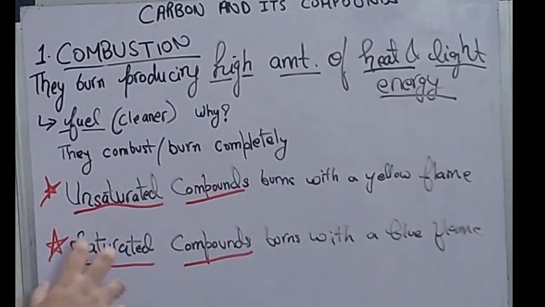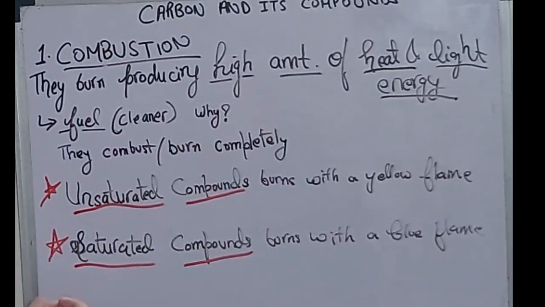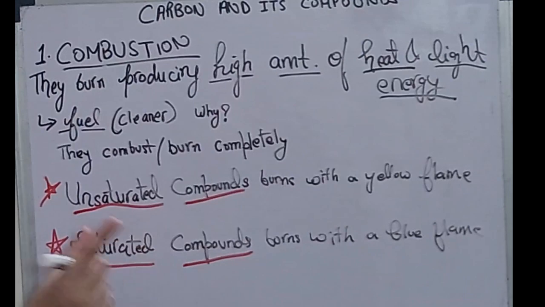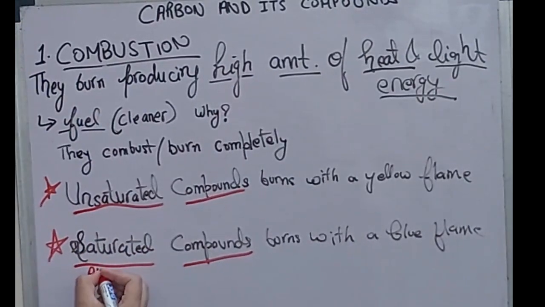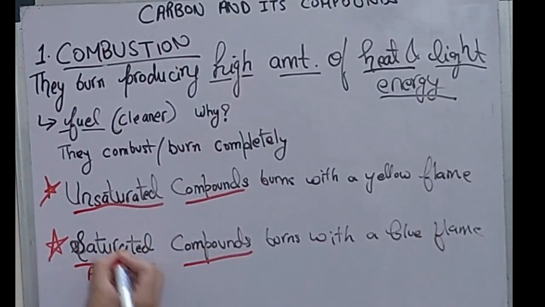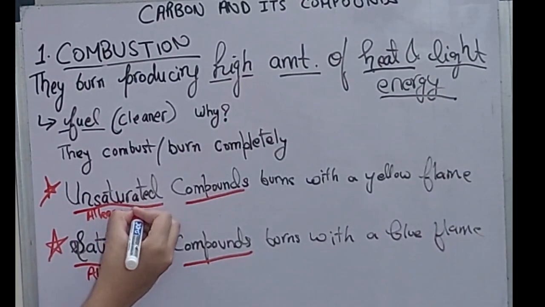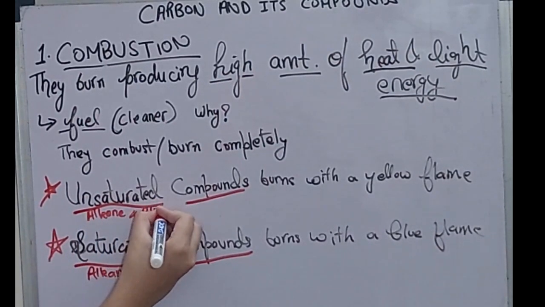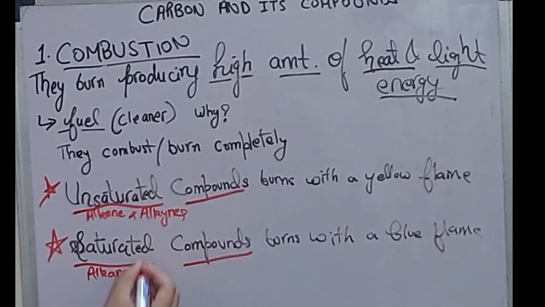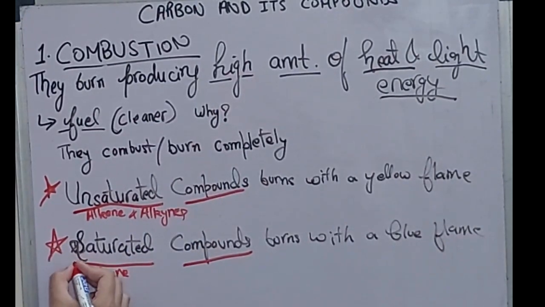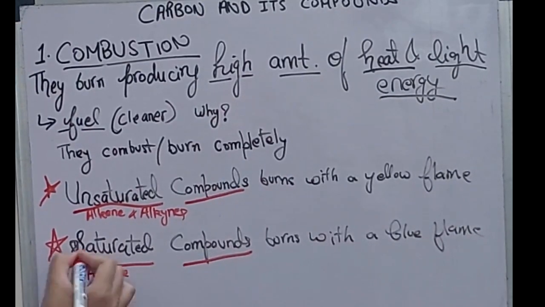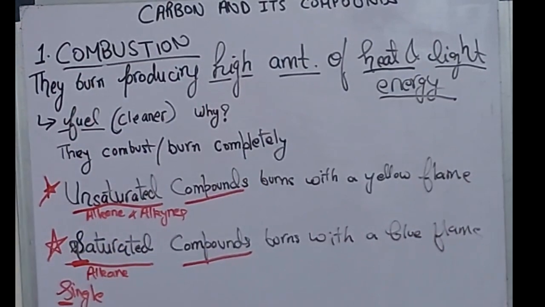Saturated compounds have only single bonds between the carbons. Saturated means alkanes, while unsaturated means both alkenes and alkynes. You can remember it by the first letter: S for saturated and S for single. So you can write SS. You can remember it like that. That's the way I used.